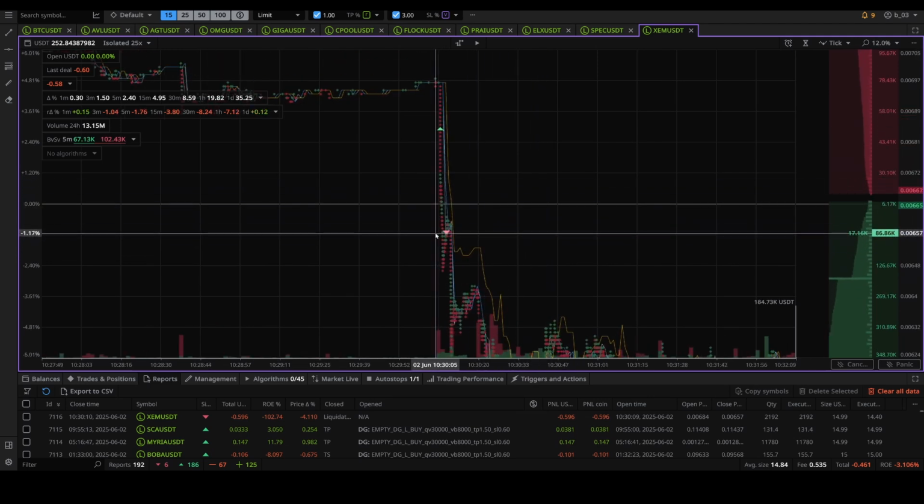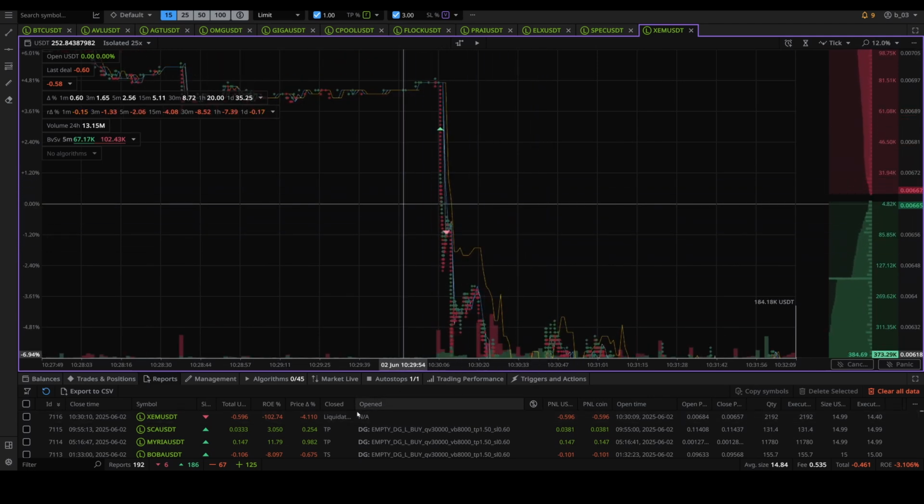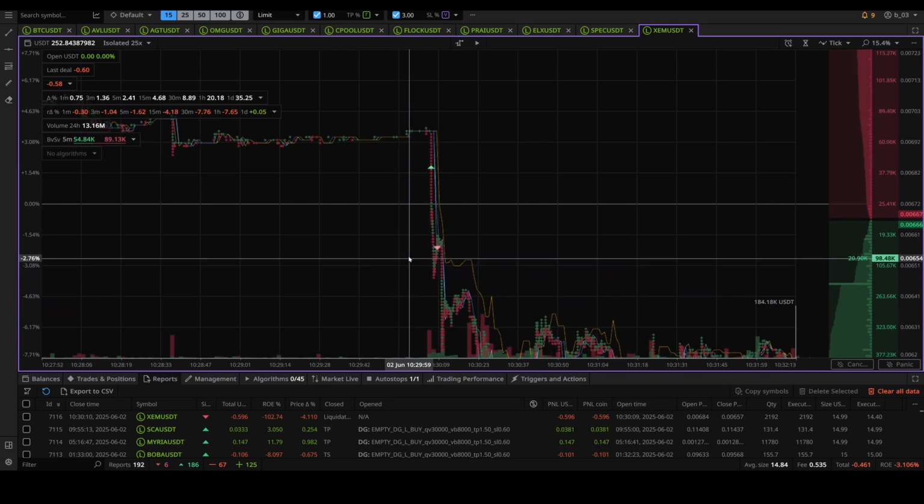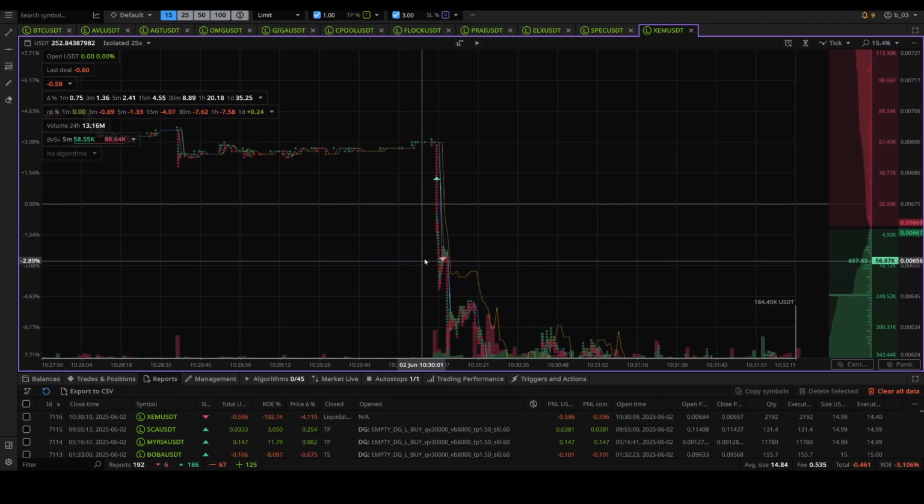Again, got a liquidation, and it's opened by n/a, which means that whatever triggers or actions you might have, they would not start, because the trigger is initiated by the algorithm. And here Moontrader doesn't know what algorithm this refers to.